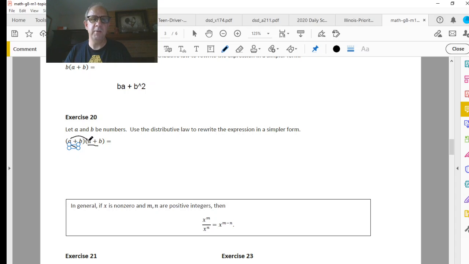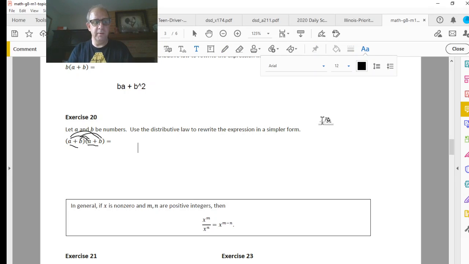So I'm going to do A times A, and then A times B, and then I'm going to do B times A, and then B times B. So that ends up becoming A times A is A squared plus A times B is AB plus B times A is BA plus B times B is B squared, B to the power of 2.